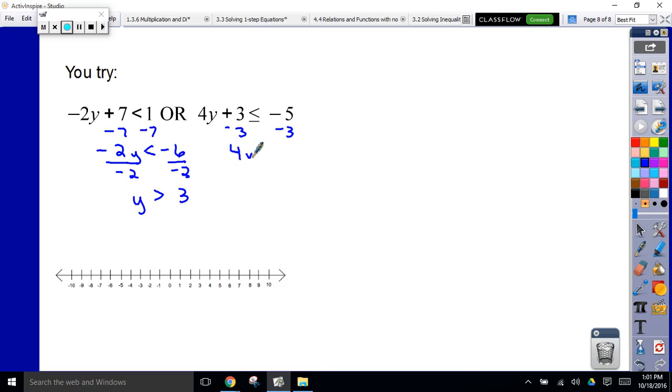Wait, let's write it down first. 4y is less than or equal to. Okay. Now divide by 4. y is less than or equal to -2. And don't forget to come down and write the word or in there. What's my graph going to look like? -2 is going to be a closed circle, and there's going to be a line. And an open circle on 3. Excellent job. Don't forget your paddle boat.